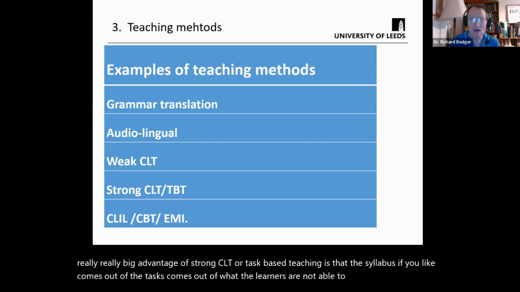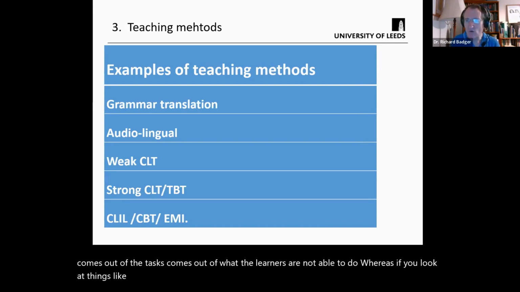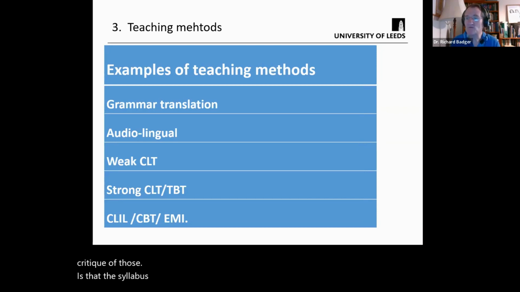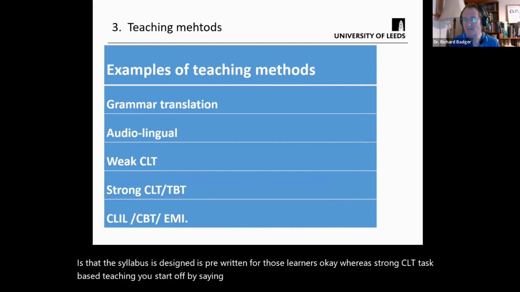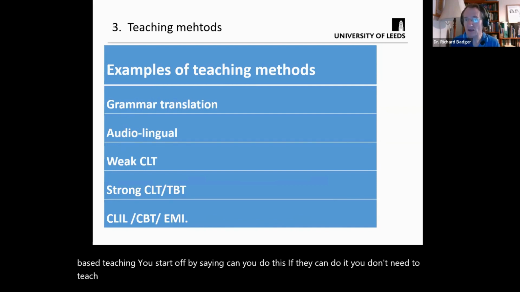Whereas if you look at things like grammar translation, audiolingual, and sometimes weak CLT, the main critique of those is that the syllabus is designed, is pre-written for those learners. Whereas with strong CLT, task-based teaching, you start off by saying, well, can you do this? If they can do it, you don't need to teach it. If they can't do it, you need to go on to do something else.